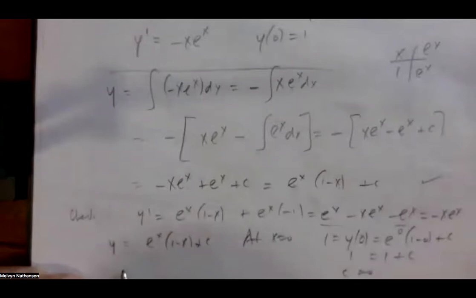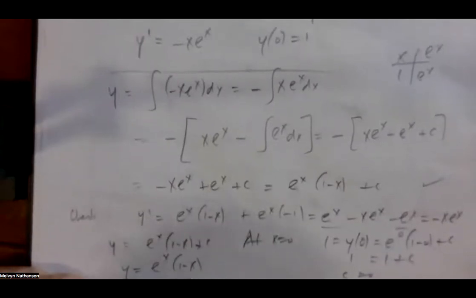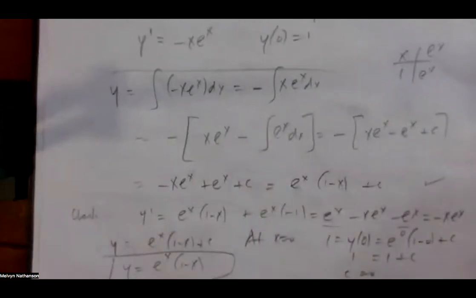So my solution is y equals e to the x times 1 minus x. That's the particular solution to the initial value problem. Any questions about this?